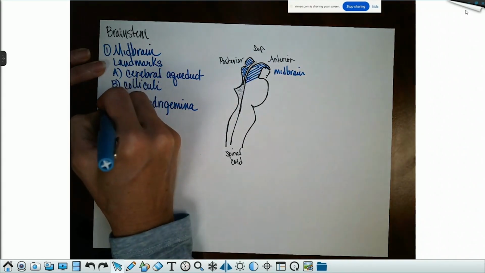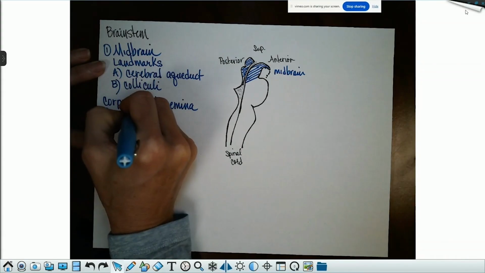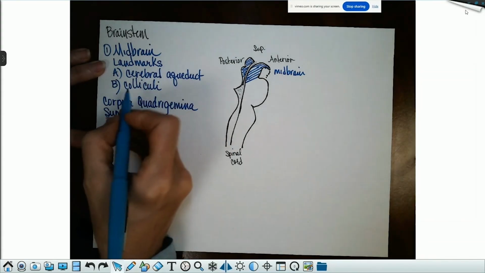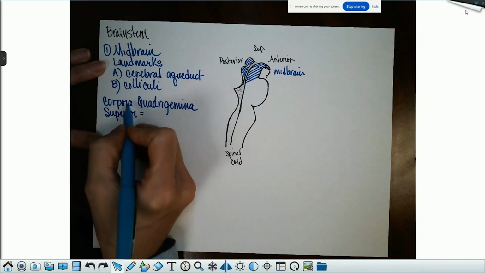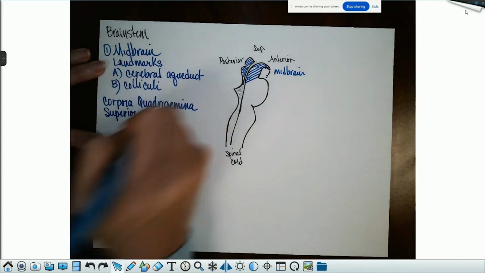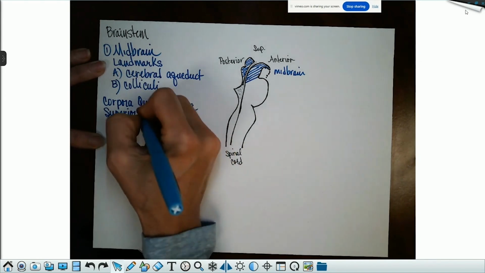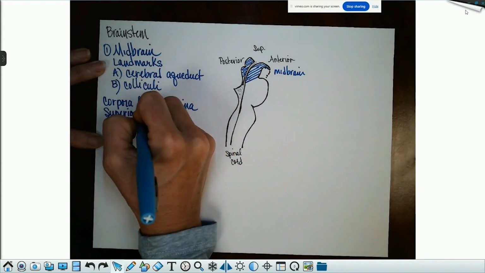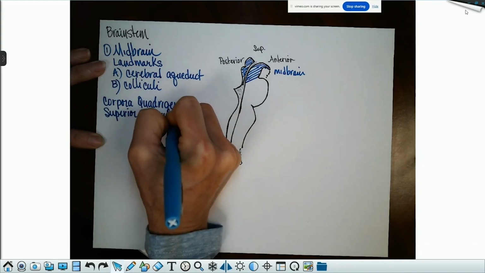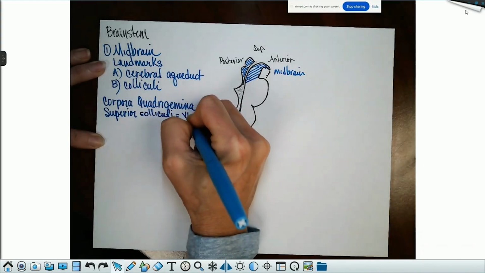Okay, so let me write this down. The superior colliculi. I'm leaving it off because of shortness. Oh, I guess I could write it. Let me write it. Colliculi. Enough space.